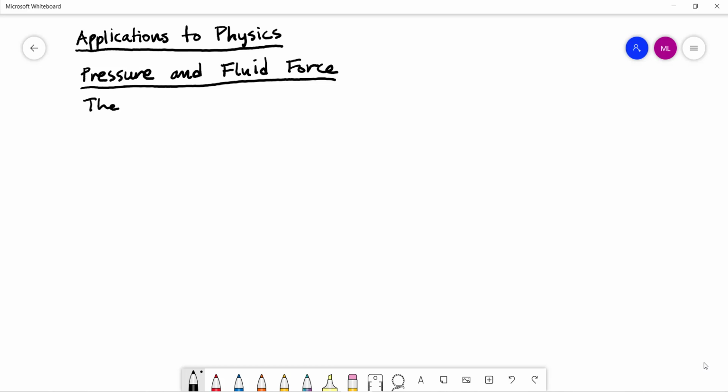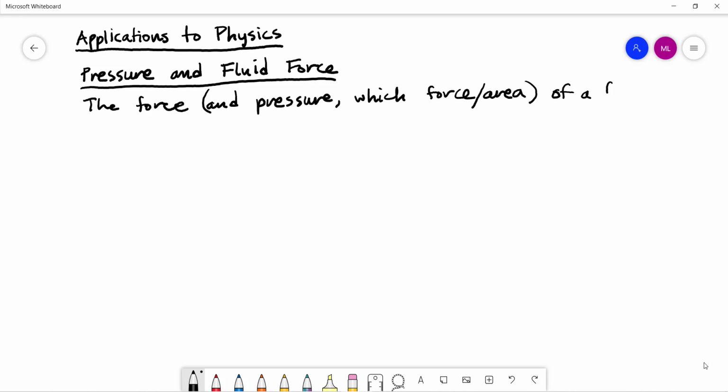So the force and pressure, which is force per area, of a fluid on an object, so it has to have something to be acting on, the force that is exerted on that object increases with depth.